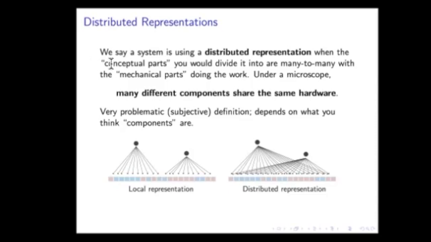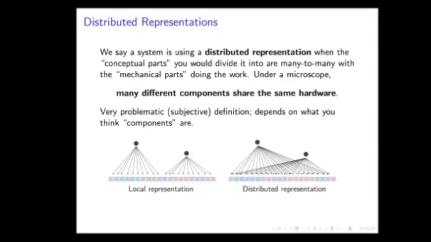And I think it becomes clear when I try to write out the definition. I would say a distributed representation is the scenario where the conceptual parts that I would divide a system into are many to many, whatever that means, with the mechanical parts that actually do the work. Or in other words, under a microscope, if I zoom into this lowest level, many different components or mechanisms or concepts share the same hardware.